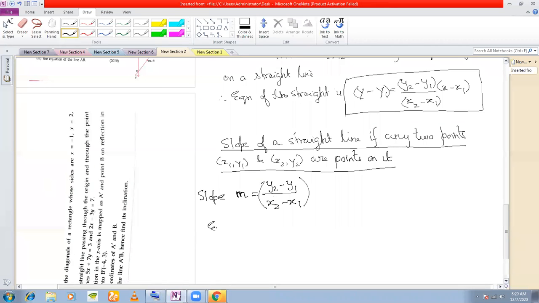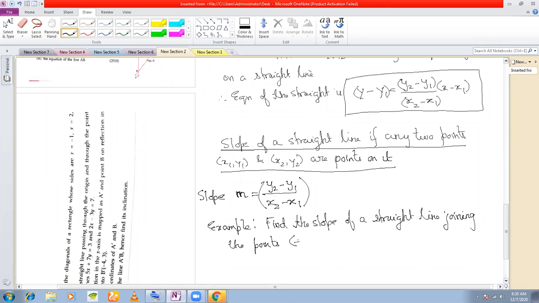So if I tell you, find the slope of a straight line joining the points minus 2, 3 and 1, minus 4.